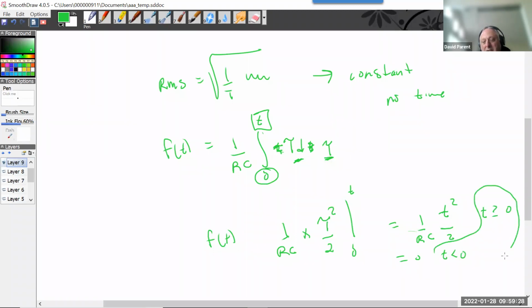We have a special function for that. We call it u of t, which is a step. Before time equals 0, it's equal to 0. And after 0, it's equal to 1. And I could just multiply that by that function. But that's the long way of saying it.